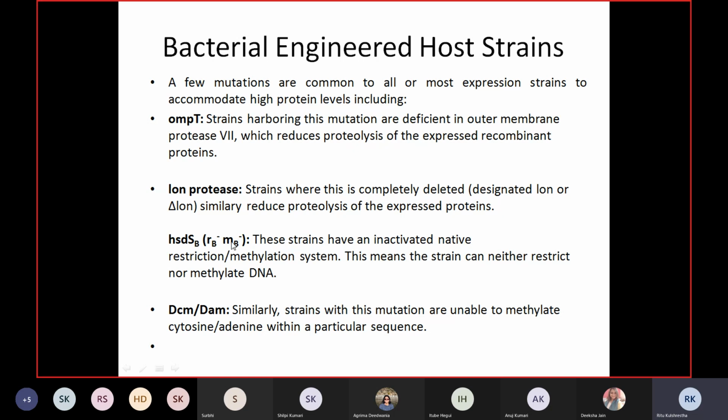So be it for this system or for this DCM or DAM system, which is involved in methylation of certain residues. So these are some points. If you go to any commercial bacterial host strain website, you can just see how many negatives or positives they have written, saying that the host strain has been engineered in various ways to make it much better.